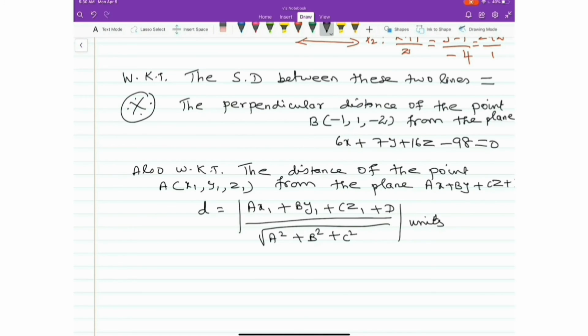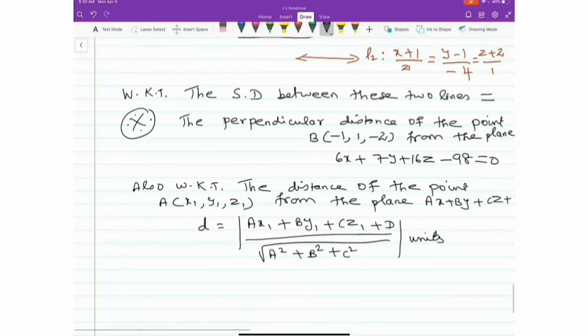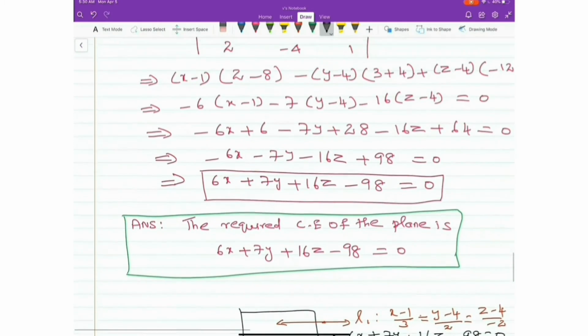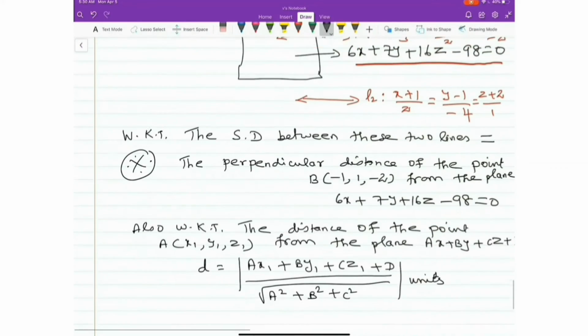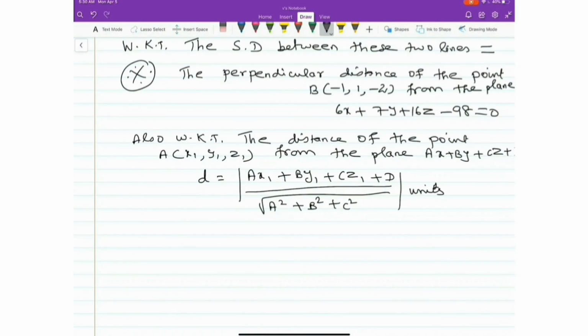So first let us name all these things so that it will be easy for you to proceed. Let me name this equation of the plane as 2 and this formula which I have written over here as 3.